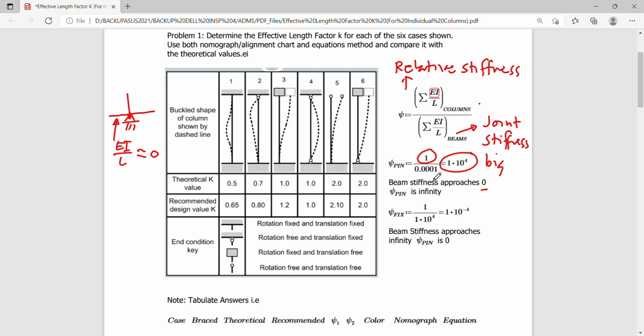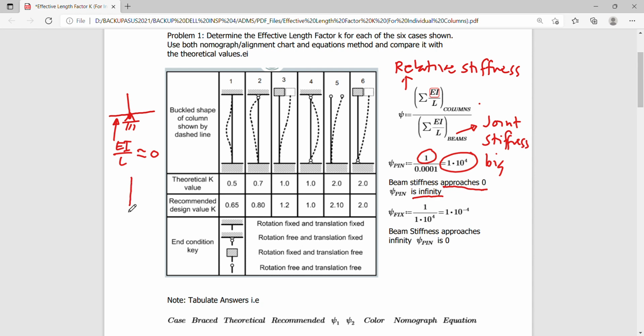So I assume a very small value here, since if I divide 1 by 0, I will get an infinite number. So the small value here represents a value of the beam stiffness approaching 0. Hence, the psi of the pin is now a big value which represents an almost infinite value.